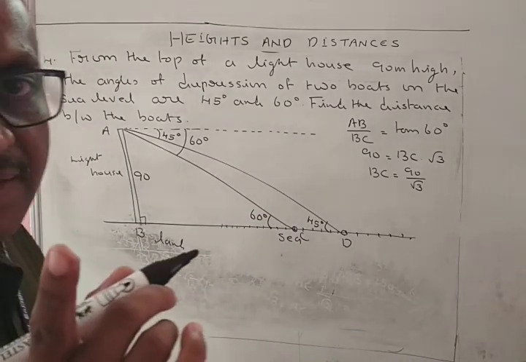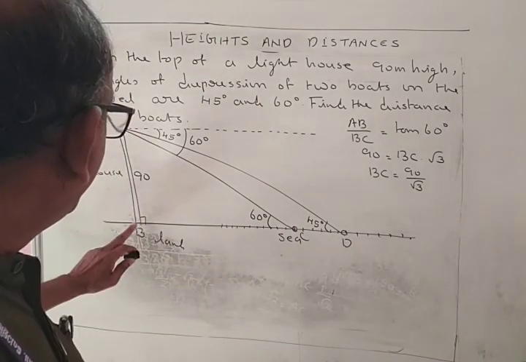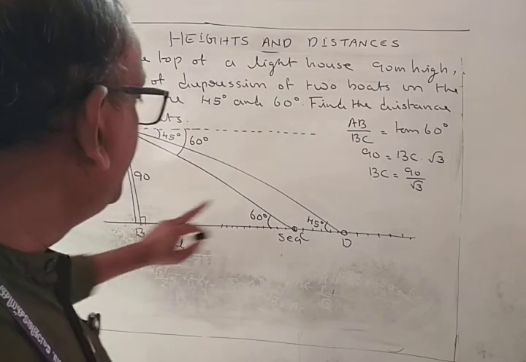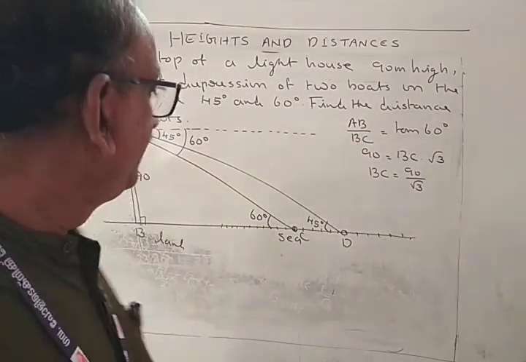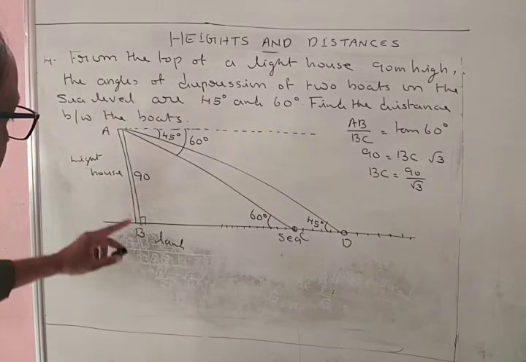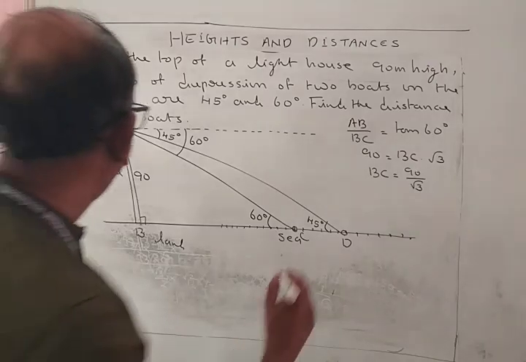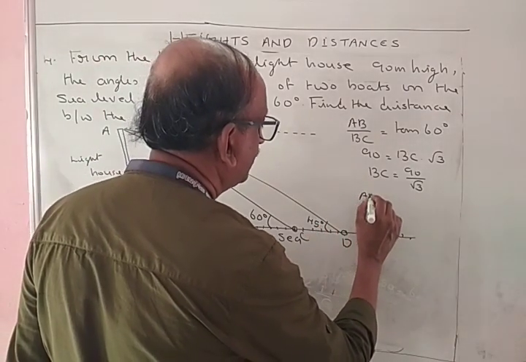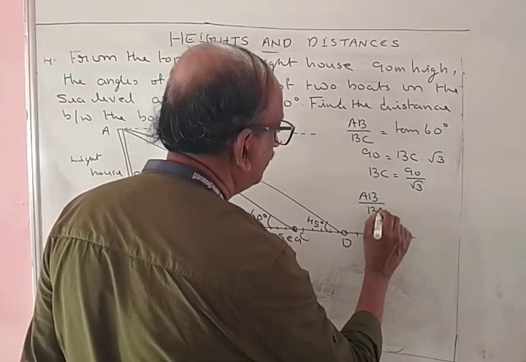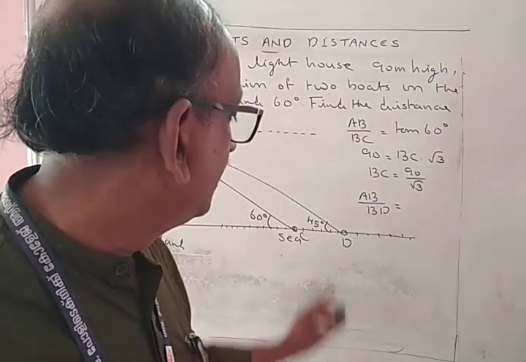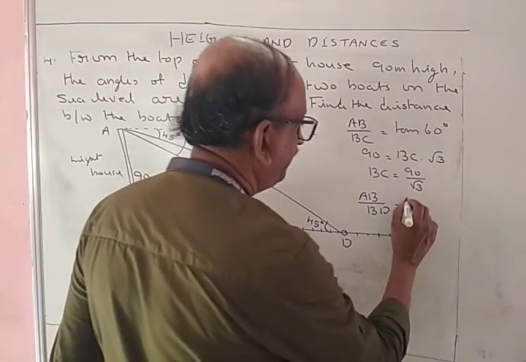Then consider the right triangle ABD. AB is the opposite side and BD is the adjacent side. AB by BD is equal to tan theta. Opposite side by adjacent side is tan theta. Here theta is 45 degrees.